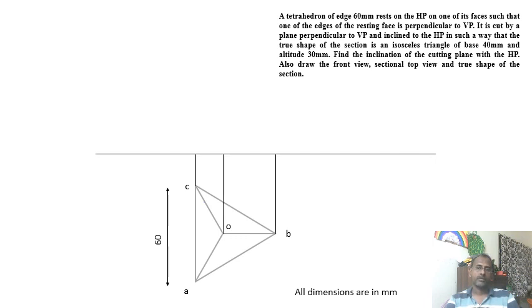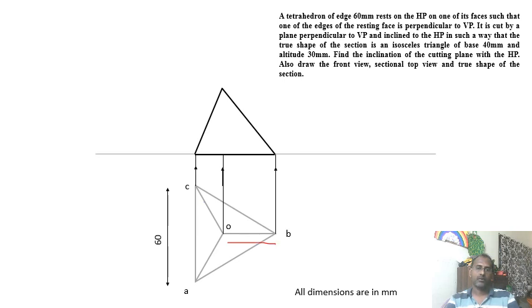Drop vertical projectors upwards to get the front view of this solid. Now I got the front view. How did I get the front view? You know that all edges are of length 60 mm, and we already have one of the edges parallel to XY, which is OB.